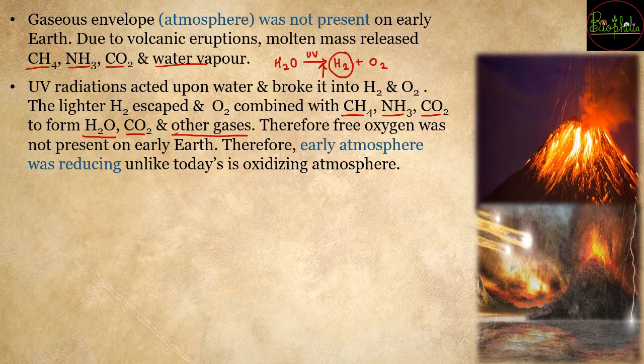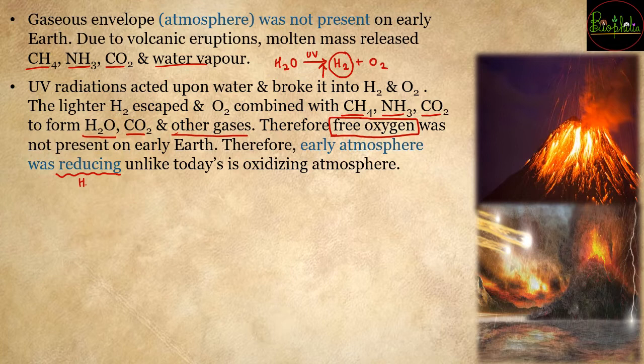So because of that, since oxygen was reacting with the other gases present around it, there was no free oxygen. Just as today you can breathe free oxygen, if you had been alive at that time, you might not have got free oxygen. So because free oxygen was not present, the early atmosphere was considered to be reducing, because who had escaped out?